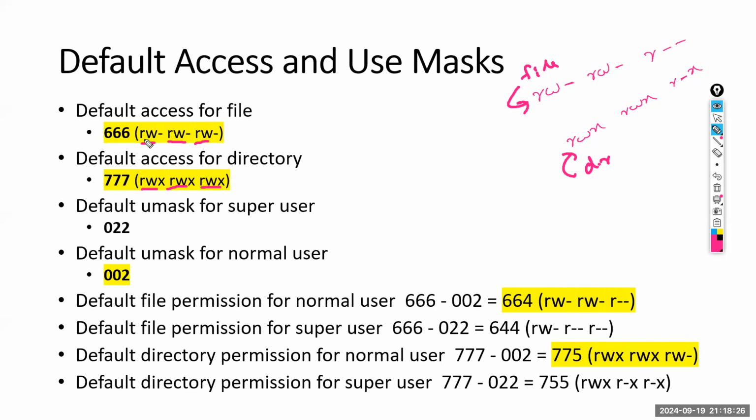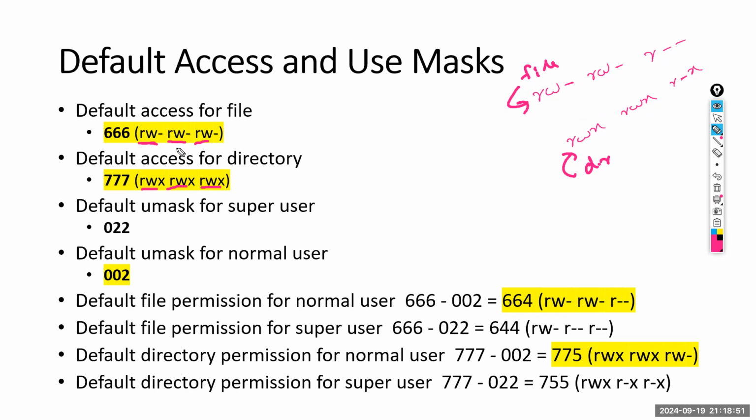So if you don't have a user mask and you create a file, it must be RW-, RW-, RW-. But when I create a file, it is not that, rather RW-, RW-, R--.